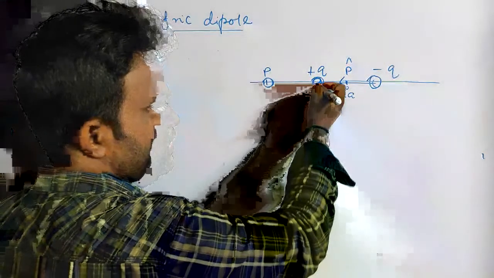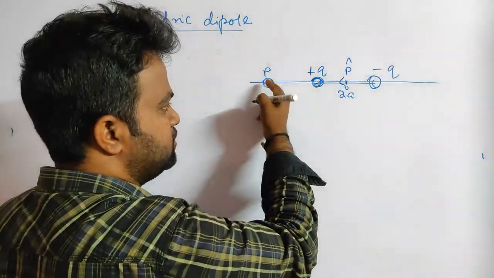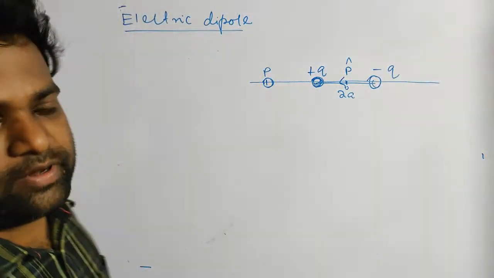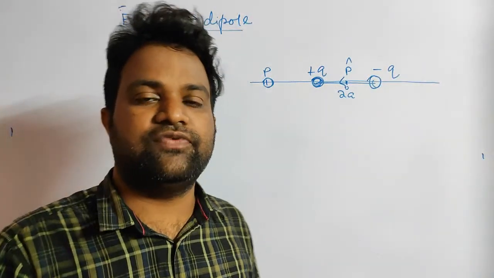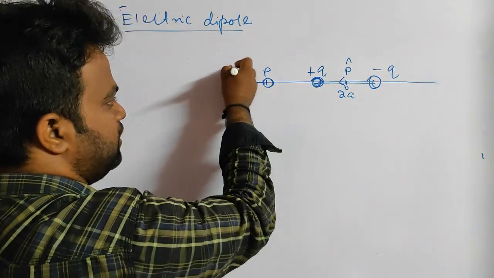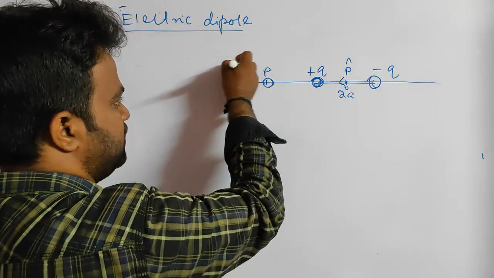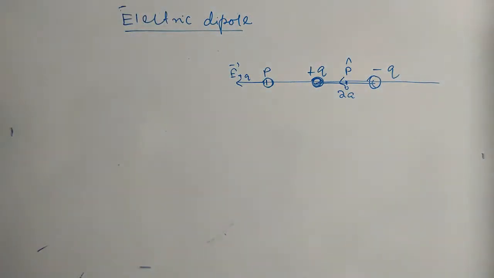First, the electric field due to the plus Q charge, and as we have just discussed, for a positive charge the electric field is outward in nature. So the electric field will be in this direction due to plus Q. I will write it: this is E plus Q vector.